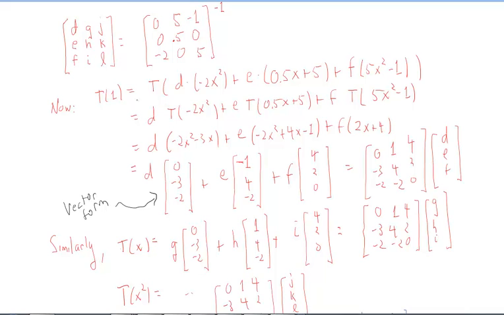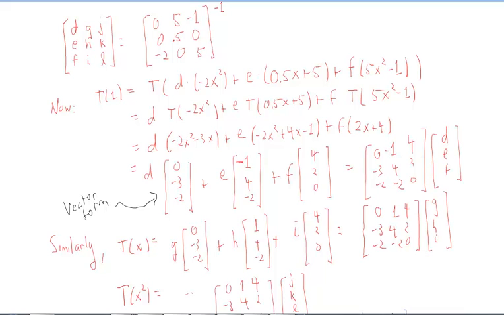All right, so I have T of 1 in terms of these constants D, E, and F. In fact, T of 1 is a linear combination of these three vectors. And these three vectors, again, are the vector form of these polynomials. So let's put this together as a matrix vector equation. A linear combination of vectors can be rewritten as a matrix times the vector of constants.